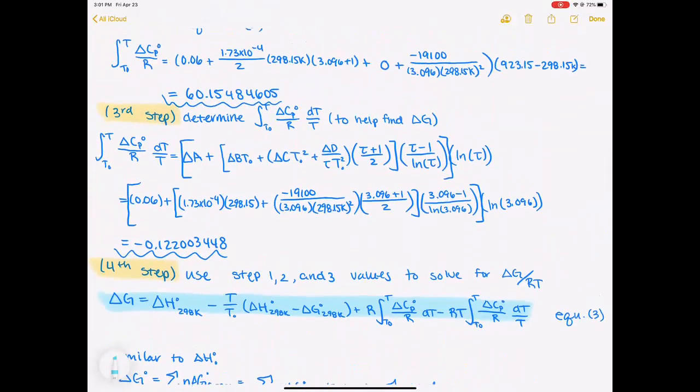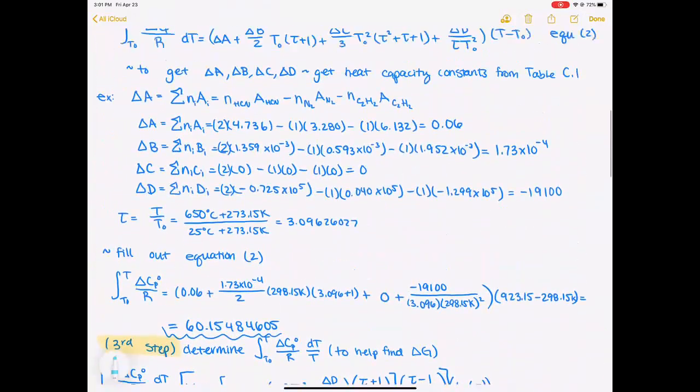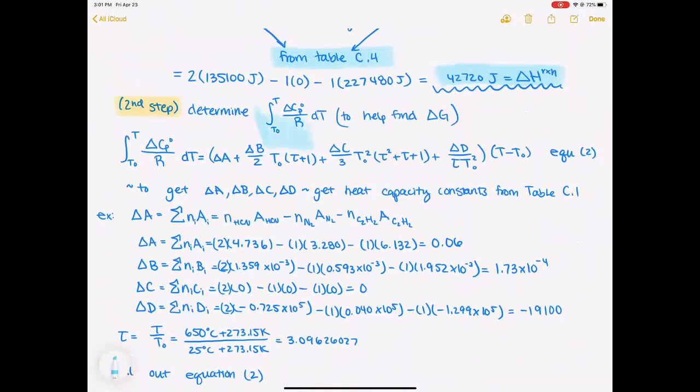So we use this equation to find G, and we break it down in bits. The first bit is this term right here, and it is written out explicitly to be that. To get delta A, delta B, delta C, delta D, we use the heat capacity constants from table C.1.